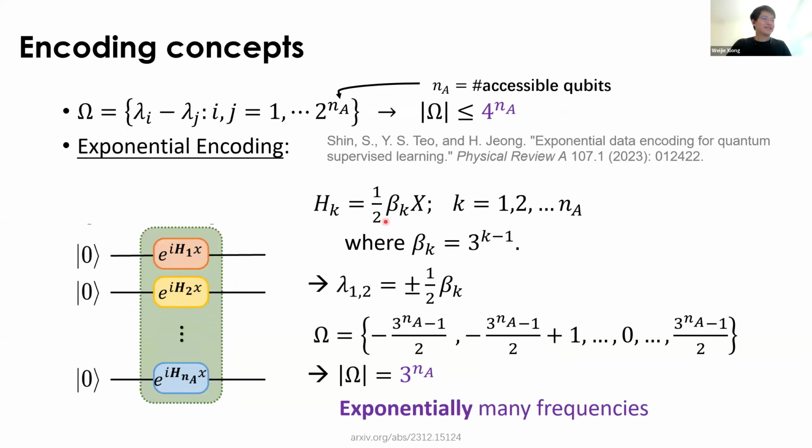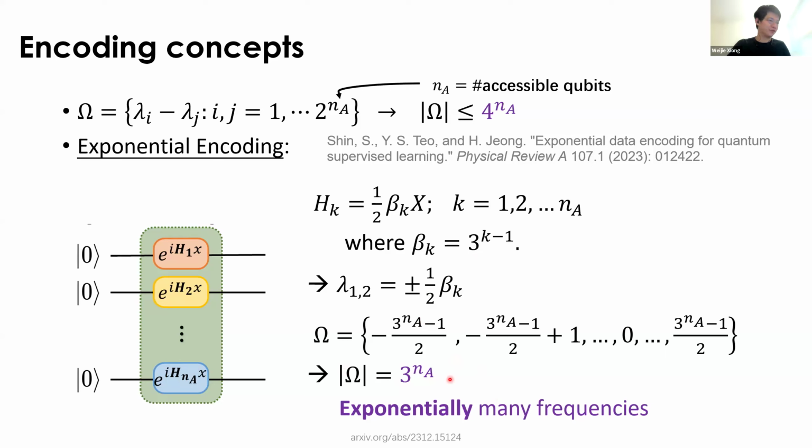But if you scale your generator with a parameter beta k, k denotes the index of the qubit, and beta k is exponential in this index, then thanks to this parameter, you will get different spacing between the eigenvalues of each generator. So in the end, you can get exponentially many frequencies.